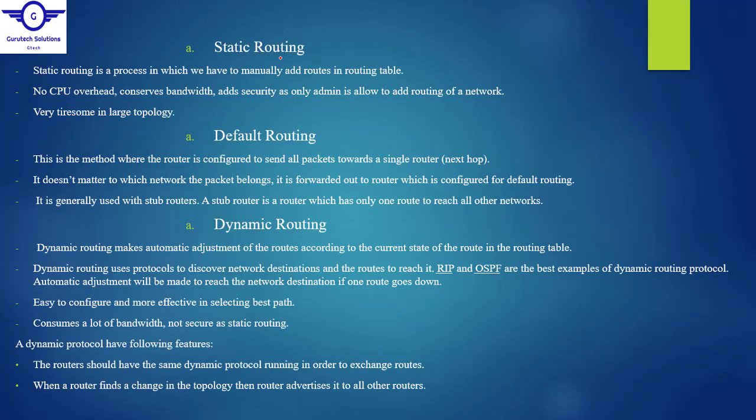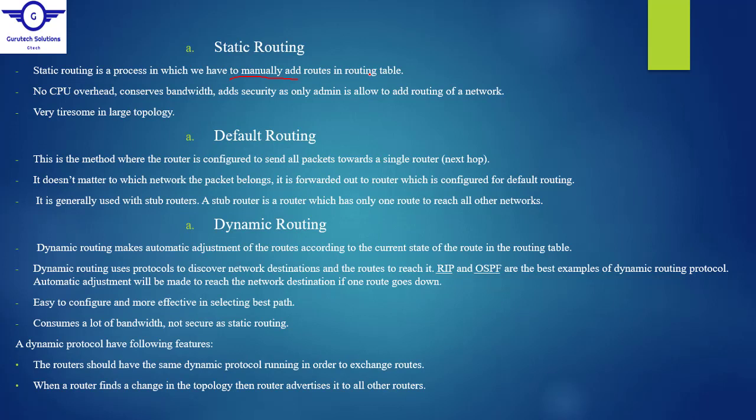Static routing. Static routing basically is a process through which we have to manually add routes in the routing table. It's upon the network administrator to configure the static routes in every router in the network.